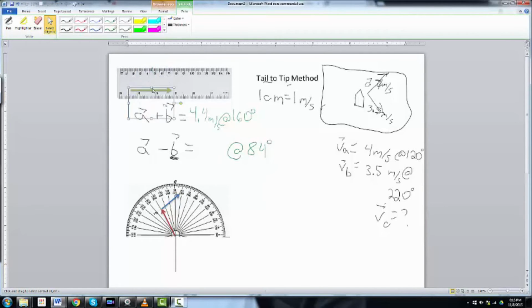So if I take the ruler, measure it this way, it's a little different. It's 5.6. 5.6 meters per second. So that's pretty neat.